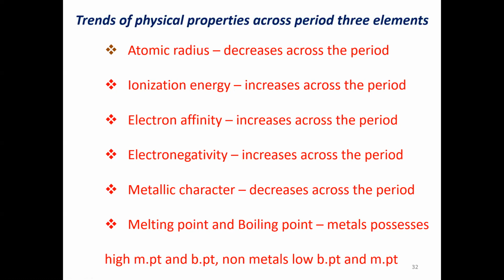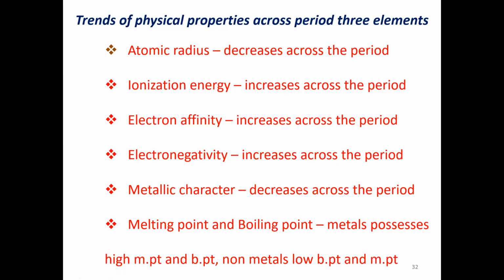So the nuclear pull is strong and there's no extra shielding. So ionization energy increases across the period. Also, electron affinity increases across the period, because electron affinity is the ability to attract electrons. Because the nuclear pull increases, there's more attraction. So electron affinity increases across the period.